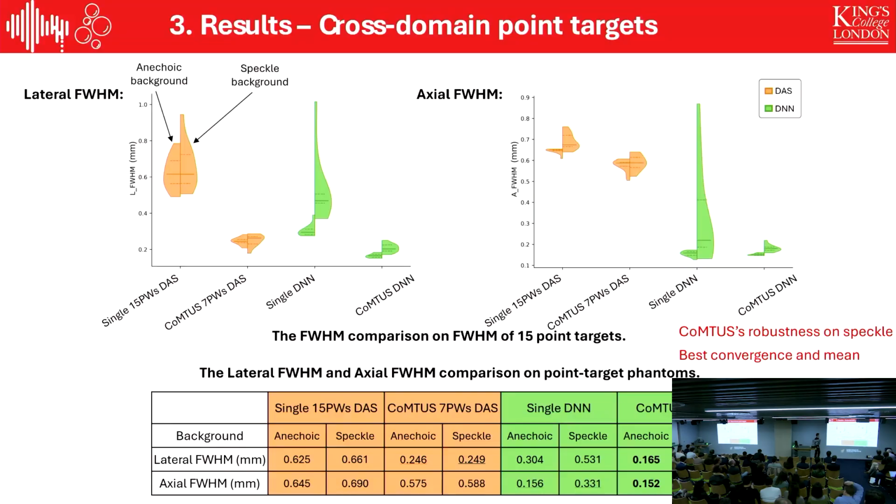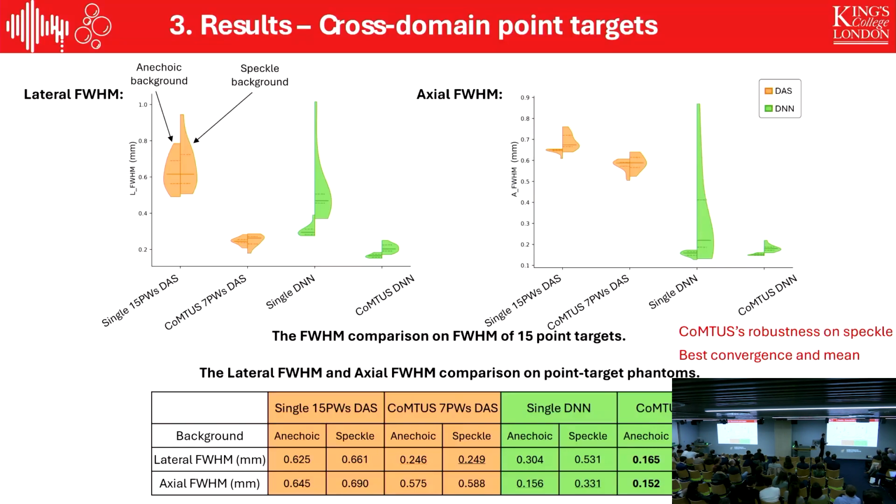And this is the FWHM of a total of 15 point targets. Firstly, the COMTOS datasets, which is this one, this one, and this one, all perform better in speckle background than the single transducer case.